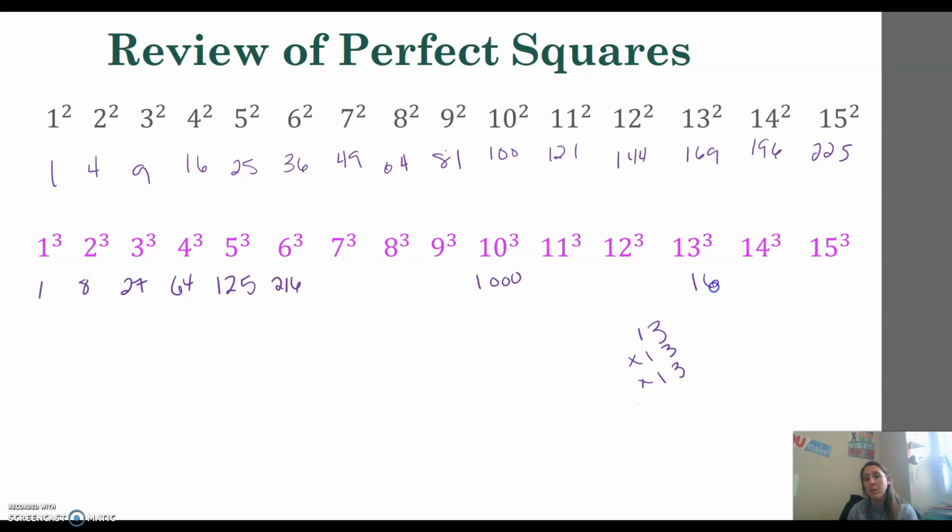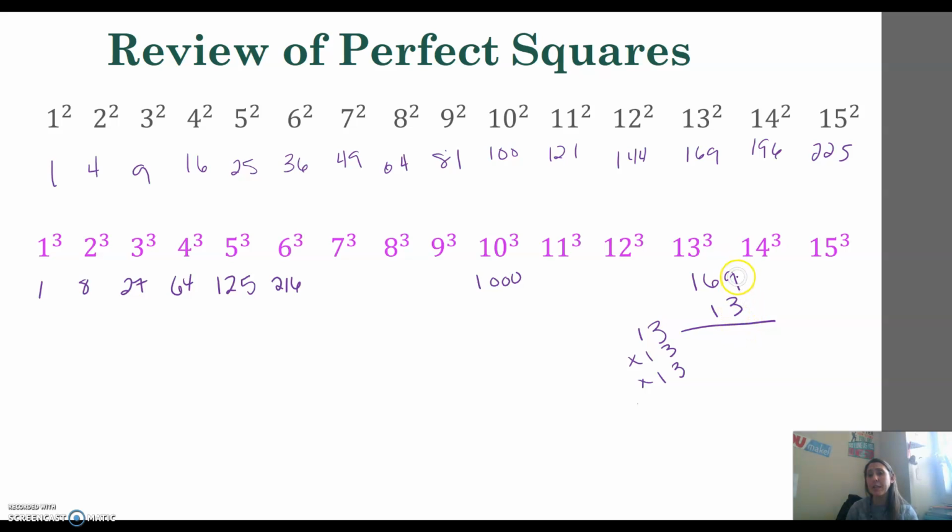I can do 169 and then multiply that by 13. I'm going to do this longhand because when I'm doing bigger numbers like this, it's a little bit easier for me. You may be doing multiplication with the area model, or you may use lattice. I don't actually care what strategy you use as long as you use a strategy. So I'm going to show you mine.